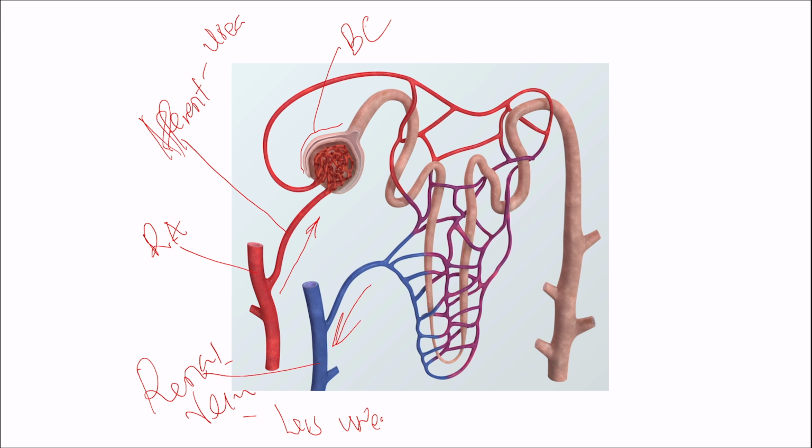The Bowman's capsule is surrounding several branches of blood vessel, that is capillaries. And those capillaries form what we refer to as the glomerulus. They are branching from the afferent arteriole.